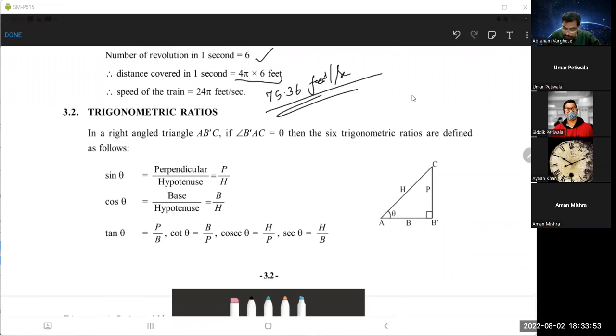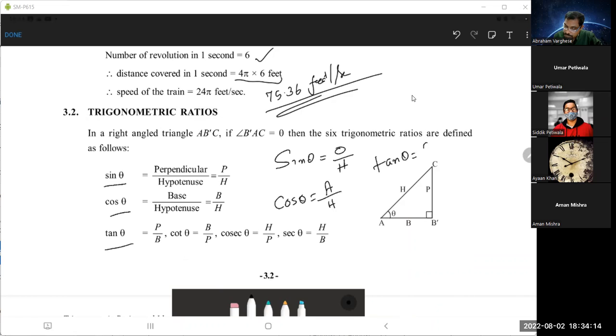Then we have 6 trigonometric ratios. One is sin theta, cos theta, and tan theta. Sin theta is equal to opposite side by hypotenuse. Cos theta is equal to adjacent side by hypotenuse, and tan theta is equal to opposite side by adjacent side.